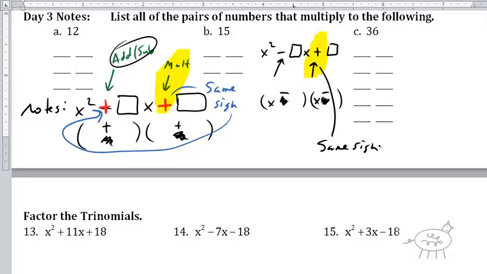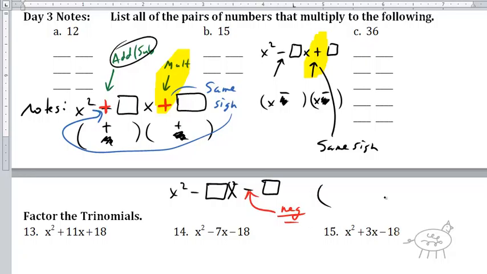Same sign. If it's not plus, so let's just go right down here. If it's something like x squared, and then it's minus something x, and then minus something. All right, guys, if you notice this right here, that negative sign, I'm going to write negative here. If it has to multiply to give you negative, don't you guys agree that one has to be positive, one has to be negative?